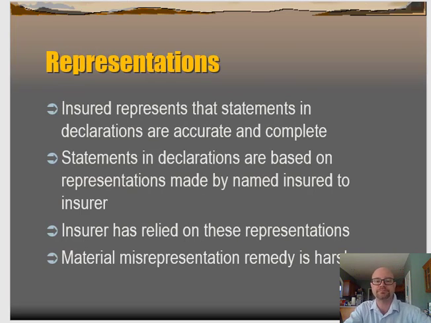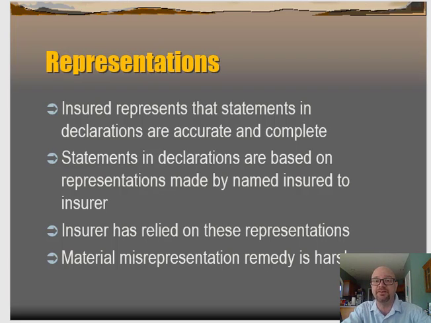It's important to know that the things that you said in the declarations are treated as representations. And that means, remember, if we go all the way back to 270, insurance relies on the idea of utmost good faith. There's a lot that the insurance company doesn't know about your business. And so anything you volunteer, we're assuming that's true. And the penalty is this. The insurance company relied on those representations to set a rate.